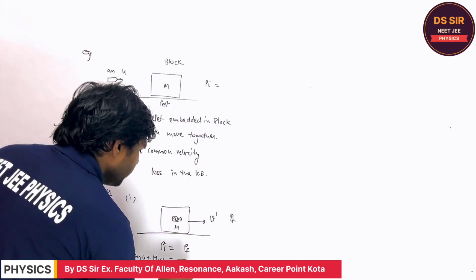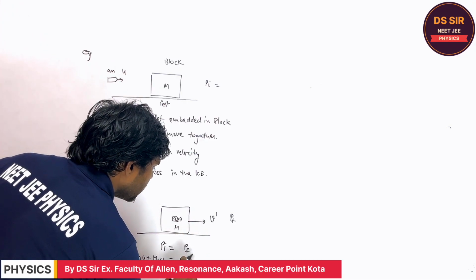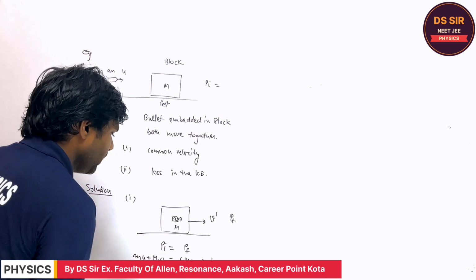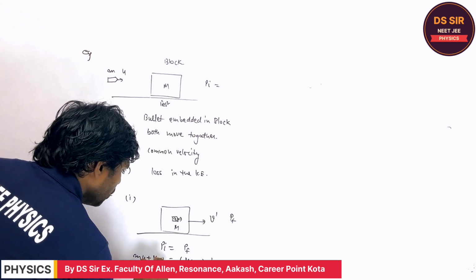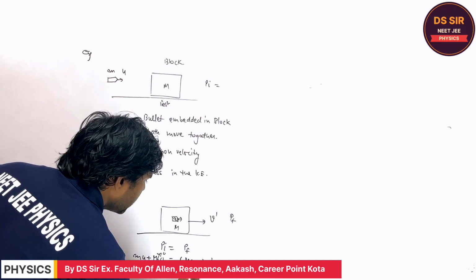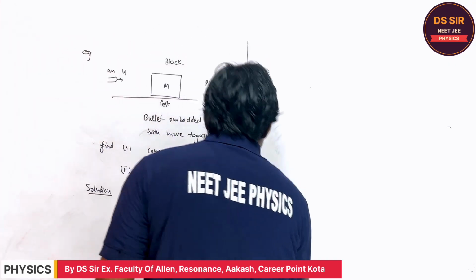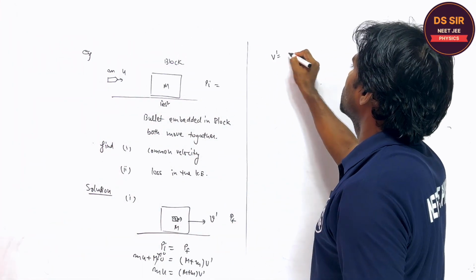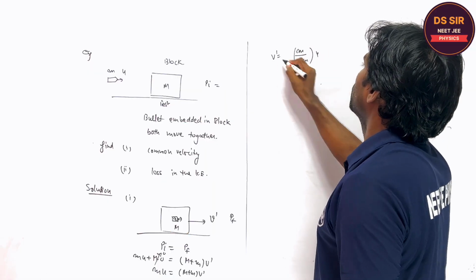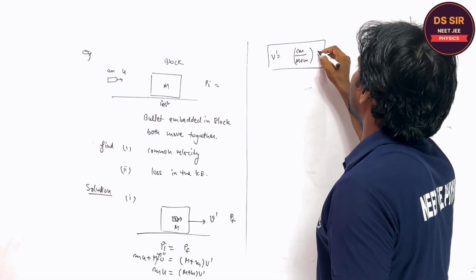Now both are moving with the common velocity, right? Capital M plus m, v dash. So mu is equal to M plus m, v dash. The common velocity, v dash, will be equal to m upon M plus m into u. This is the common velocity.